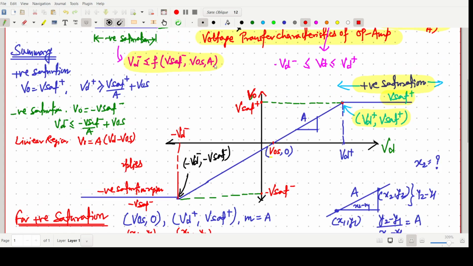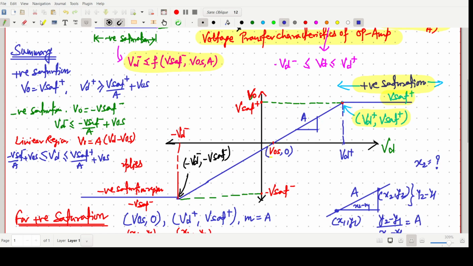And the condition for this one will be in between the positive saturation and negative saturation, so we can say Vset plus by A plus Vos, then Vset minus by A plus Vos.